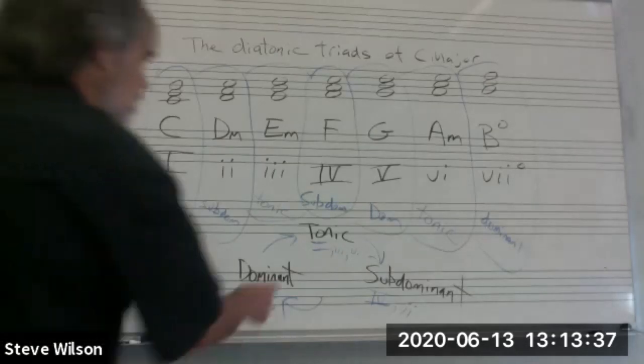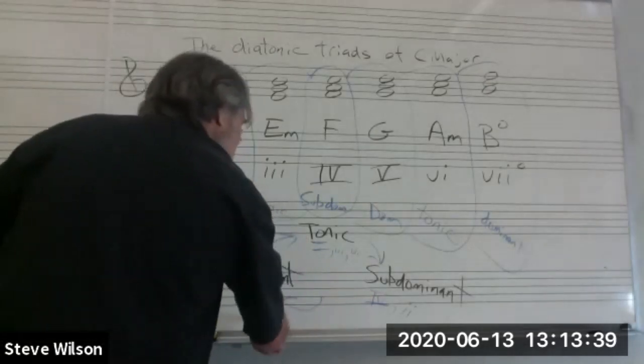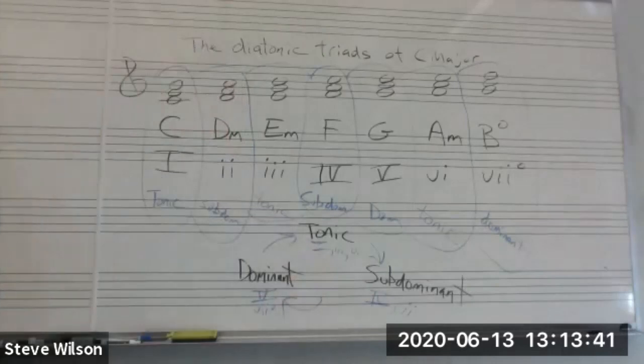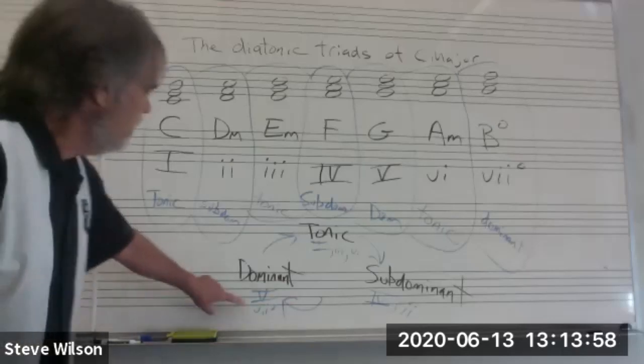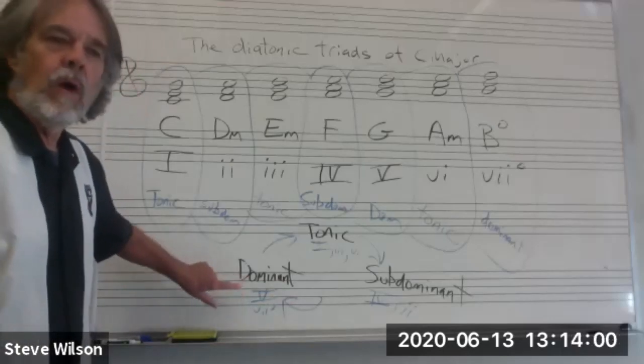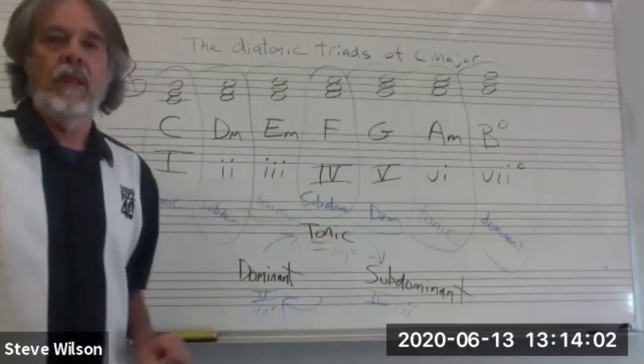We could also go 1, 4, 7, 1. So the 7, here's 5 to 1, here's 7 to 1. So you can feel that there's a feeling of tension and resolution.